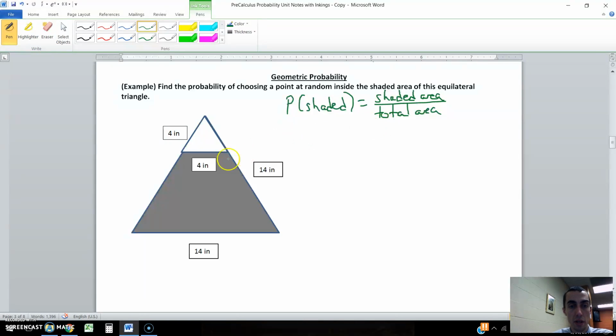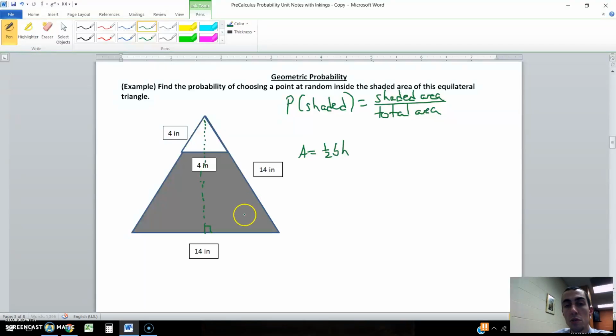So to find the total area of this triangle, I'm going to want to use the area equals 1/2 base times height formula. So I know that the base of this triangle is 14. I want to find the height. So we can find the height by dropping down an altitude. That's not very straight, but hopefully you get the point. So we want to find how tall this triangle is.